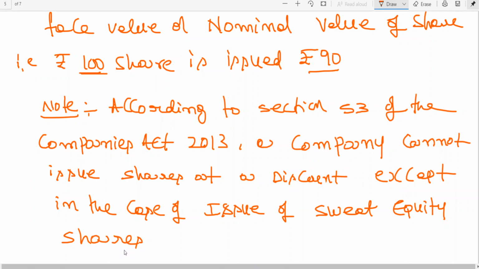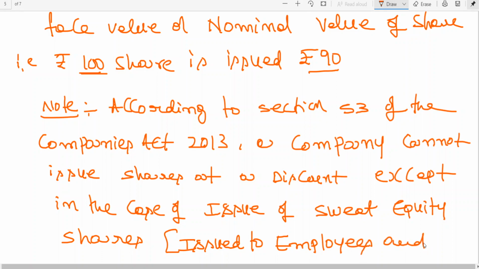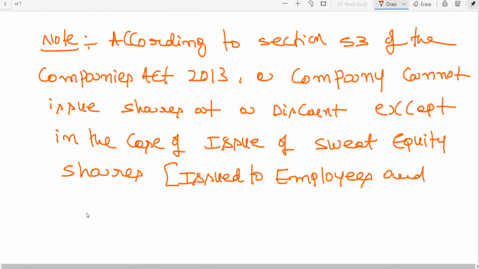Except in the case of sweat equity shares means issued to employees and directors.